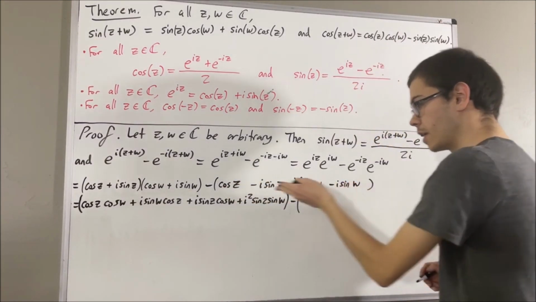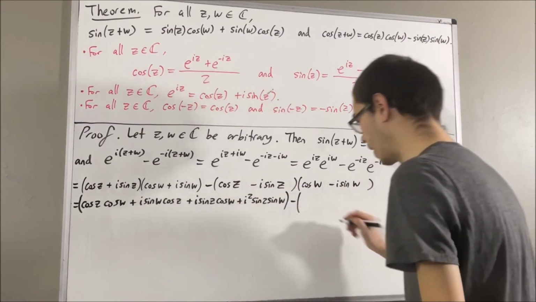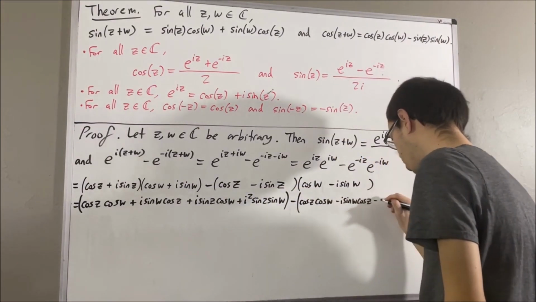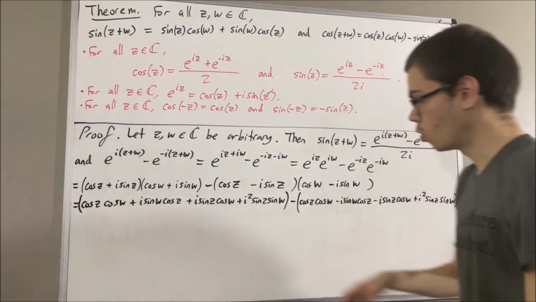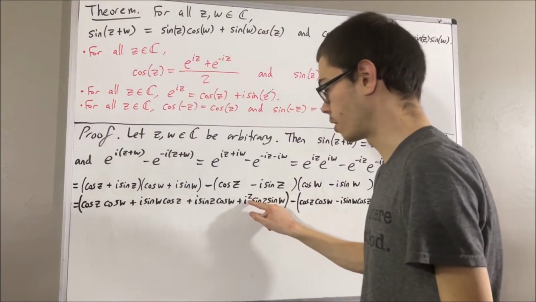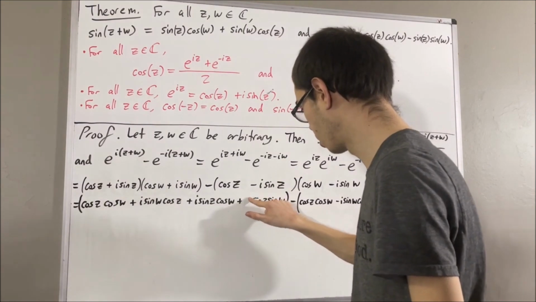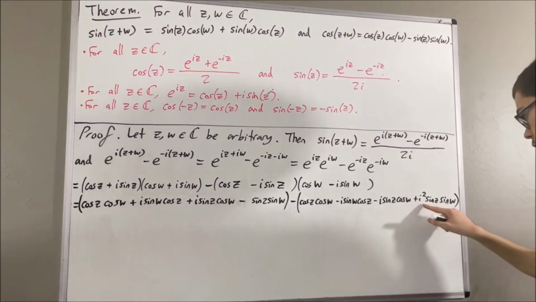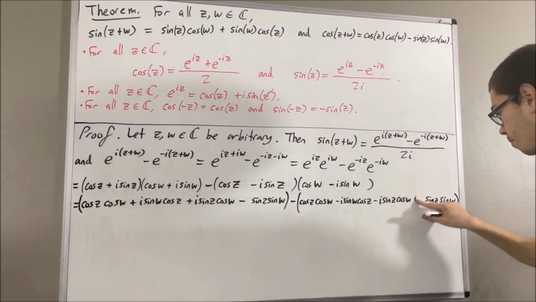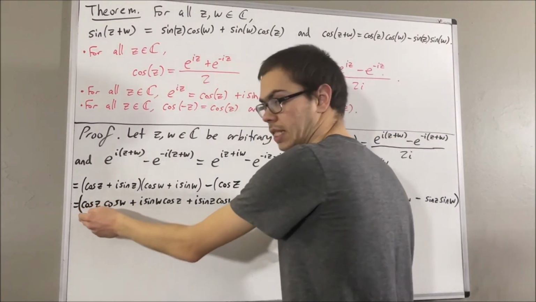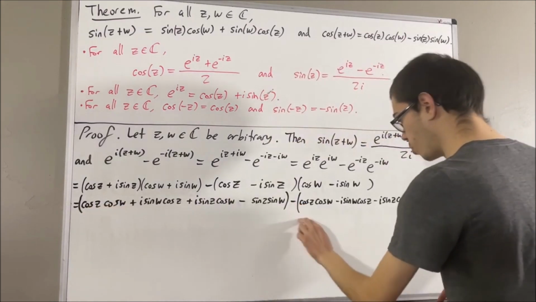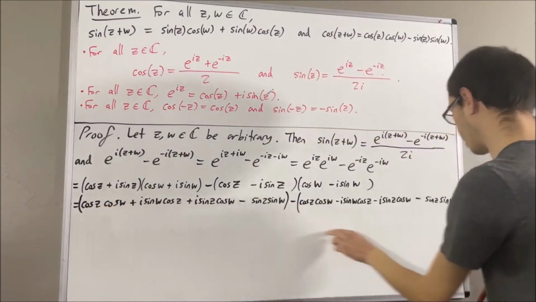And if we multiply these together, we get this. Now, we know that plus i squared is really just minus 1, and plus i squared is just minus 1. So now, we're going to drop the parentheses here, and we're going to distribute the minus sign across this parentheses.